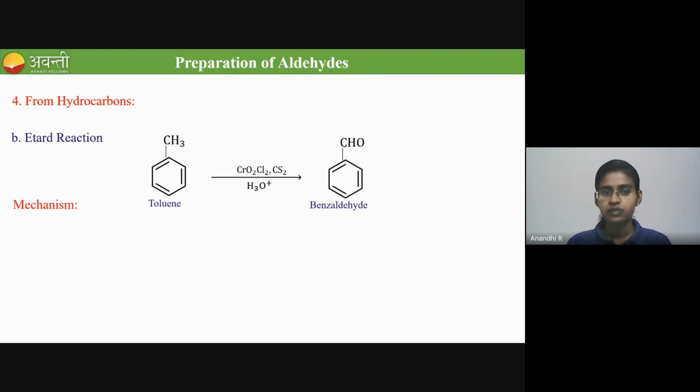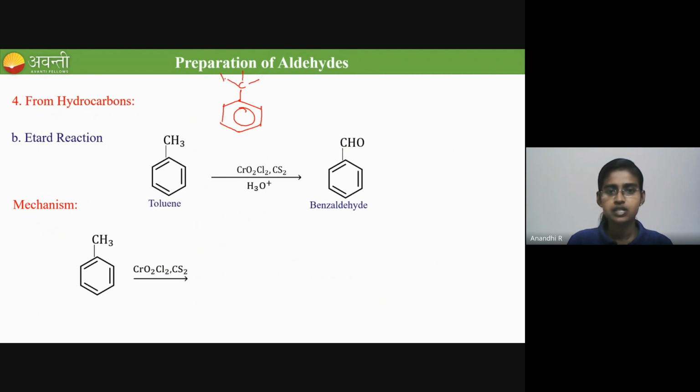So what is the mechanism? Take this component. First you add the chromyl chloride into it. This toluene contains 3 CH bonds in it, right? So toluene contains how many CH bonds? 3 CH bonds. To this only we are adding the CrO2Cl2 component.